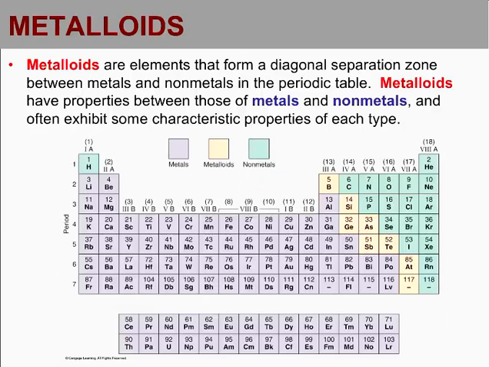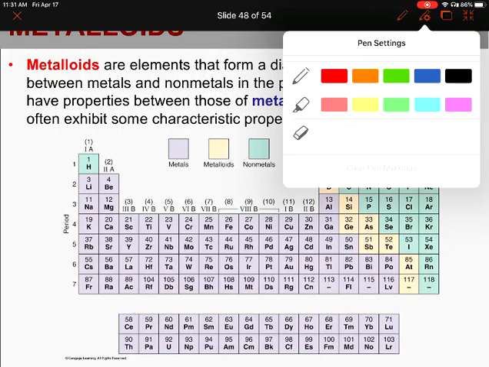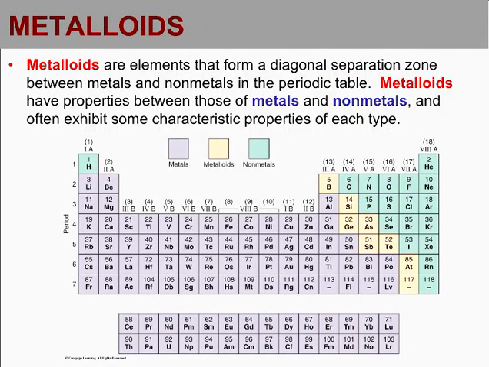So again, metalloids are elements that are in between metals and nonmetals, and they form kind of a diagonal line. So we could even draw, oh, I started on the wrong part here, but we can draw a little zigzag line going down that diagonal, and pretty much every element along that line is a metalloid except for aluminum.